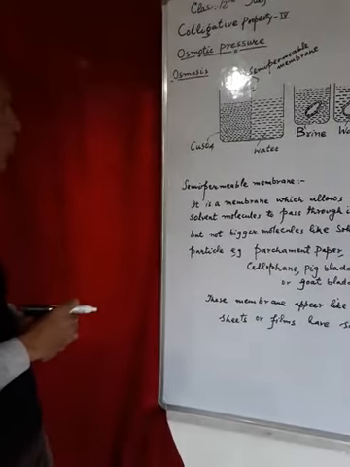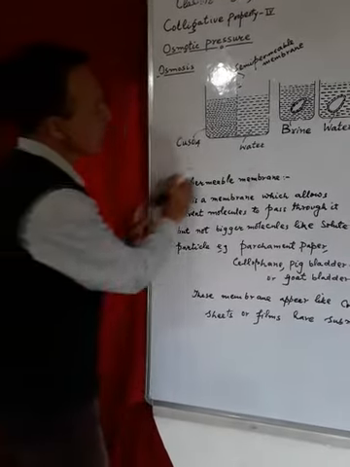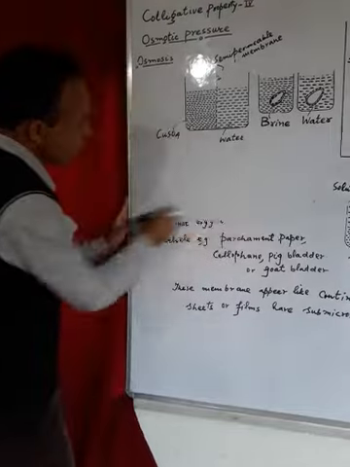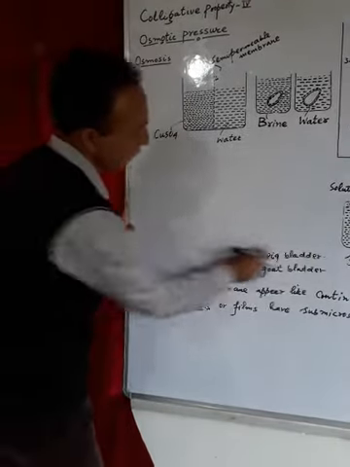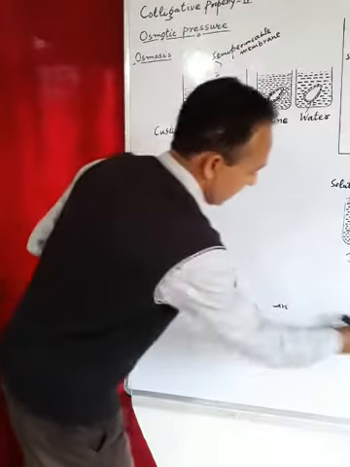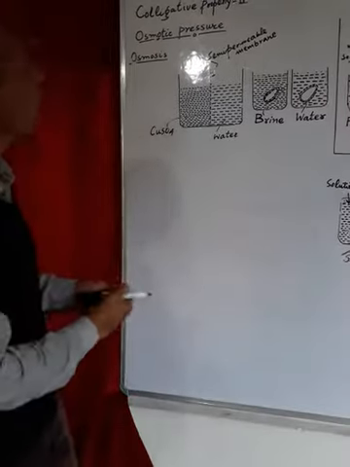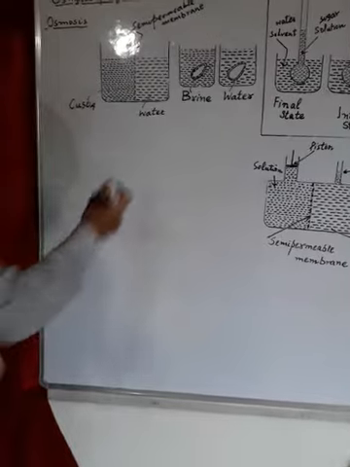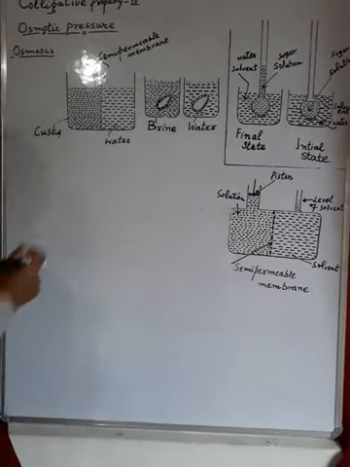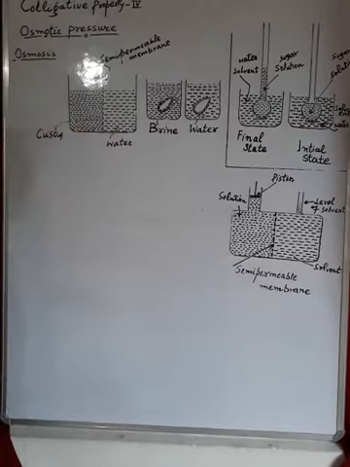Now what is osmosis? To explain osmosis, we will demonstrate an experiment. We will take a beaker and divide it into two compartments by a semi-permeable membrane.